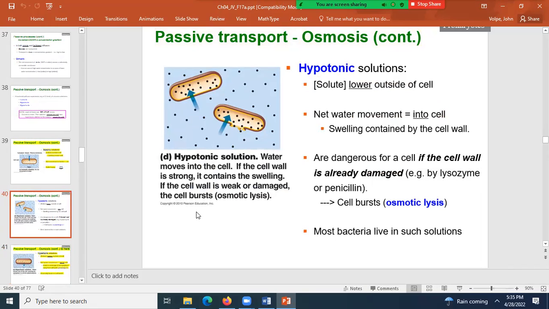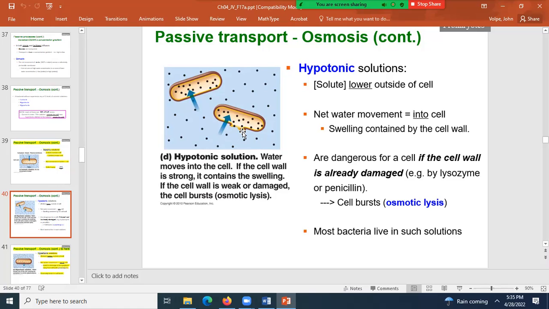In a hypotonic solution, the concentration of the solute is less outside the cell than the concentration of the solute inside the cell. So the water moves from outside the cell to inside the cell. And that will cause the plasma membrane to expand.